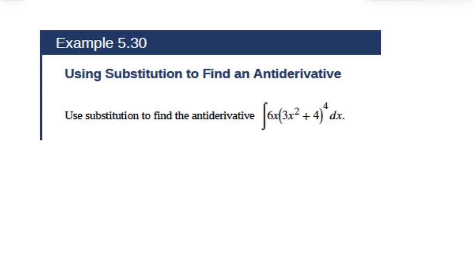That fourth power, we would have to do 3x squared plus 4 to the fourth power in order to just do like our power rules. Otherwise, we got to do the chain rule. So if you think about that in the light of a chain rule, our stuff that is stuck is 3x squared plus 4. That's what we're going to make our u equal to.